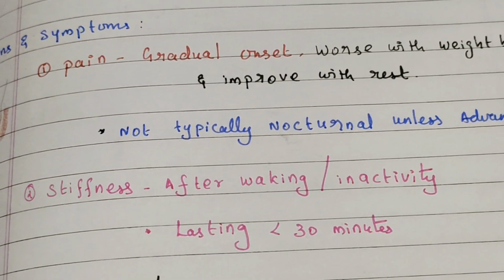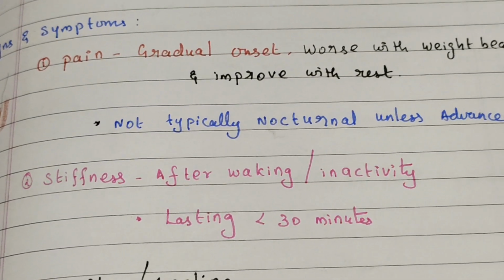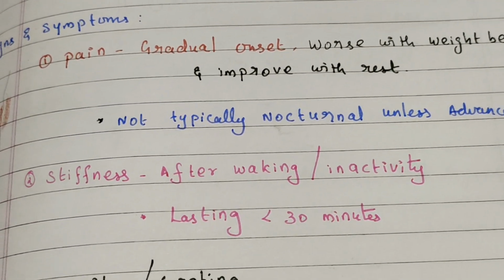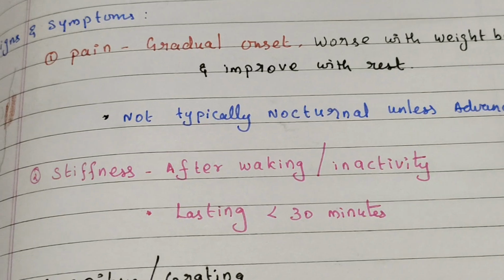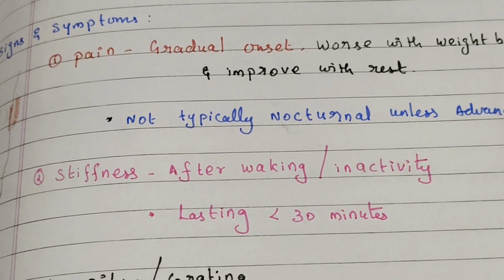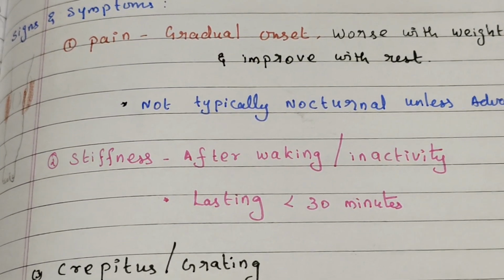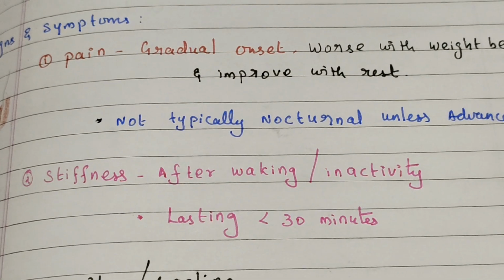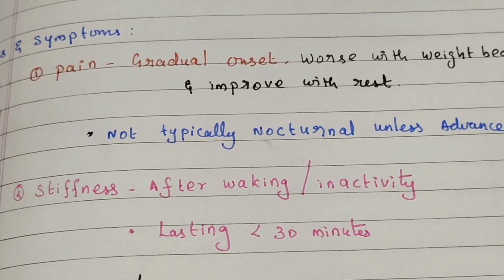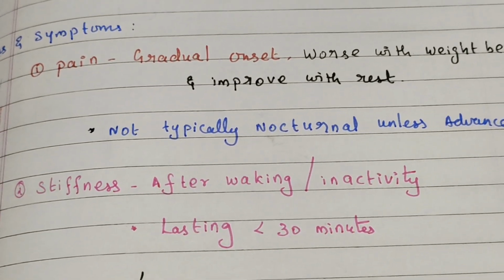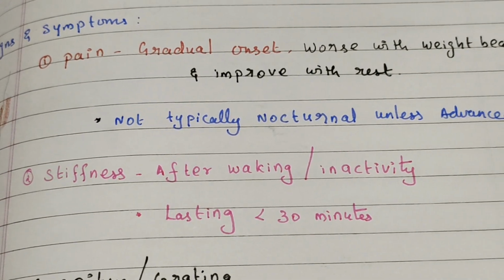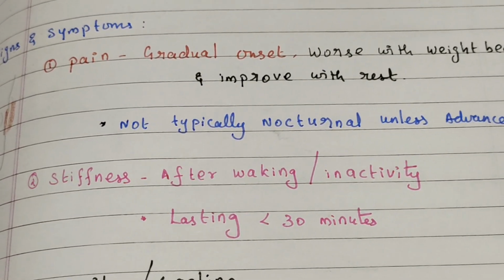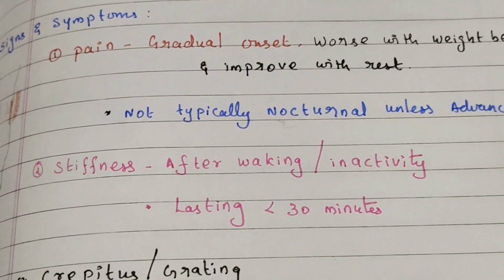It is not commonly present overnight unless in an advanced stage. Stiffness is common on waking or after inactivity, but it usually improves with movement and lasts under 30 minutes.